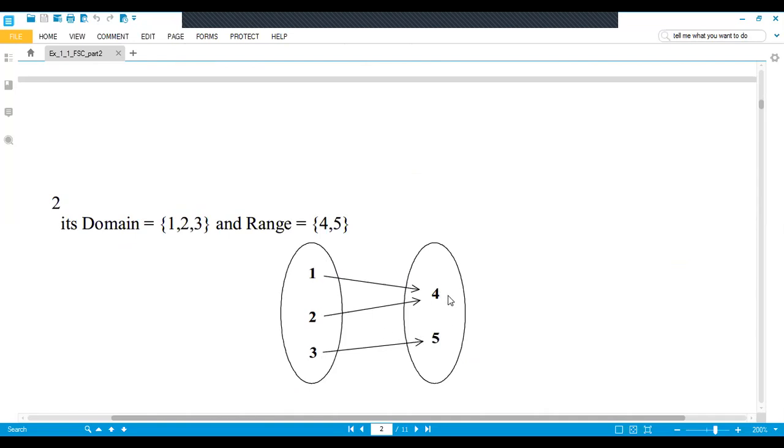For 1 we assign 4, for 2 we assign 4, and for 3 we assign 5. The value of the range may be repeated, but the value of the domain cannot be repeated. If it is repeated, then the given relation is a relation but not a function.